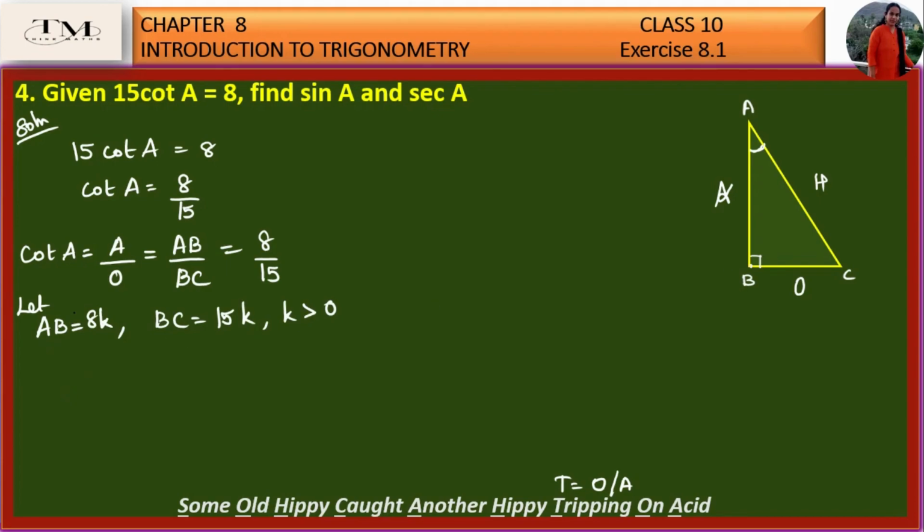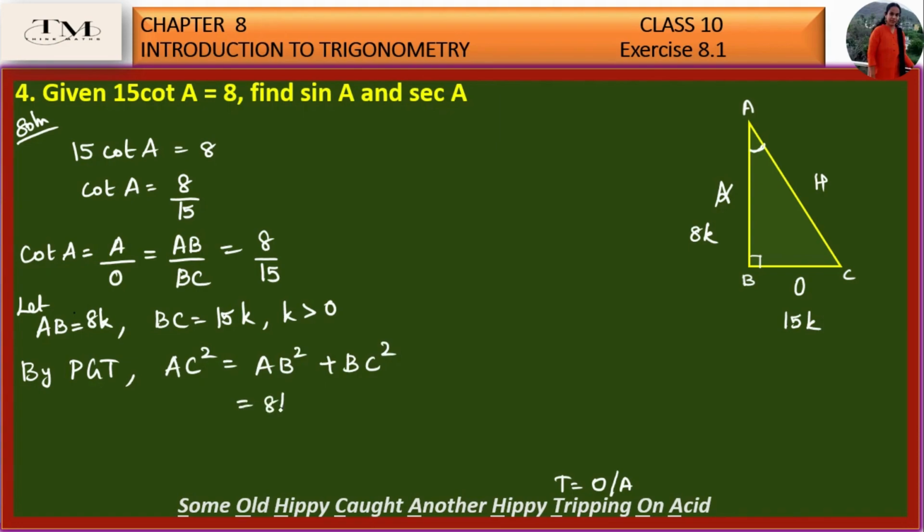Now we need AC. As usual, we will use the Pythagoras theorem: hypotenuse AC square equals AB square plus BC square.